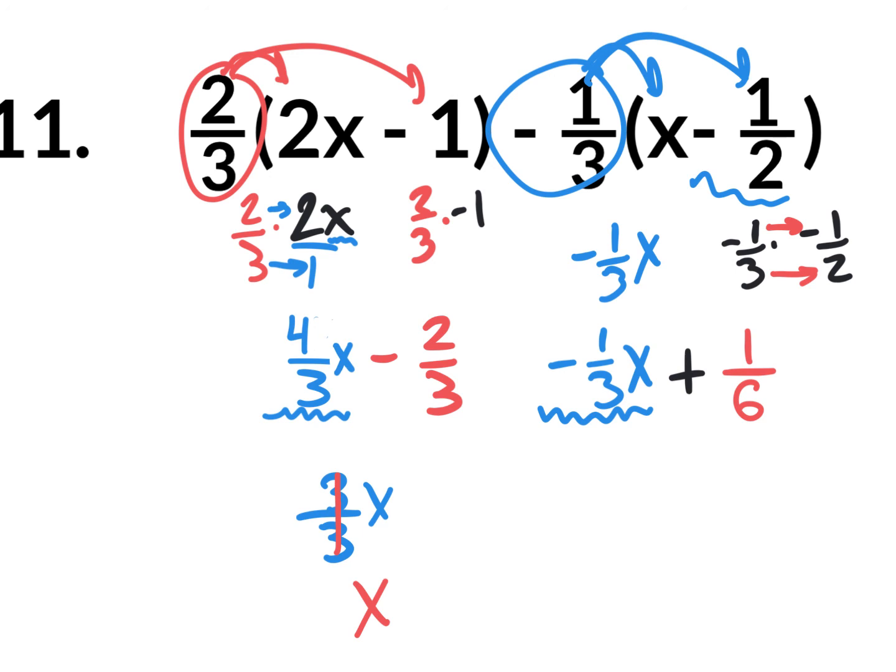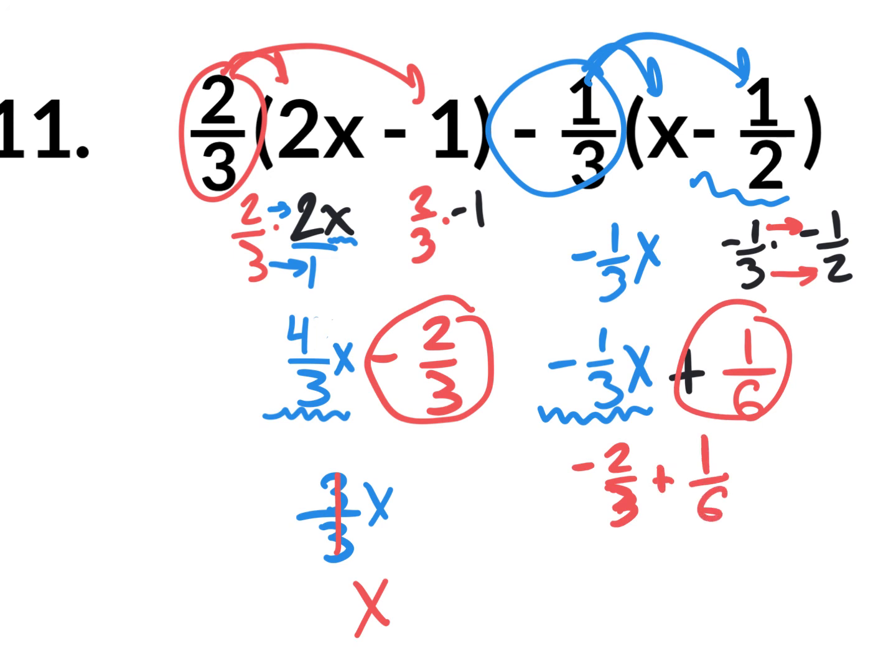And now let's combine the fractions. I want to combine this negative 2/3 with the plus 1/6. Let me actually show my work here. Negative 2/3 plus 1/6. Now, in order for me to add two fractions or combine two fractions, I need a common denominator. So right here I have a 3 and a 6. What is my common denominator going to be? Go to the bigger one. That's the number 6.